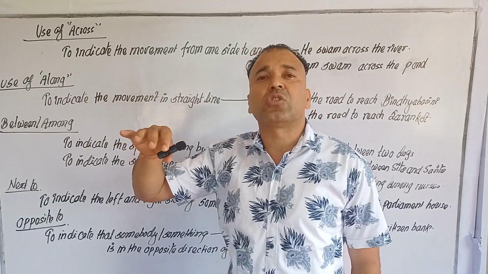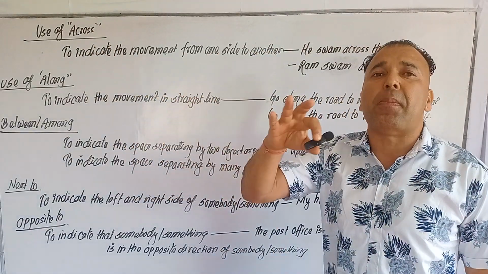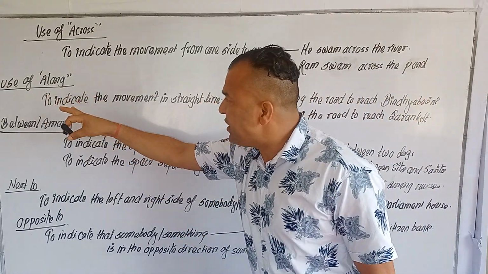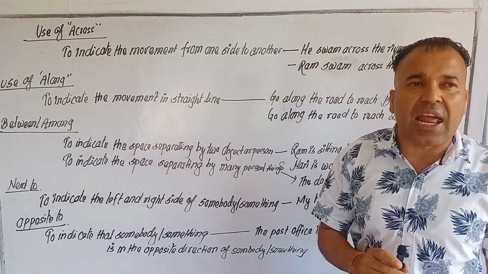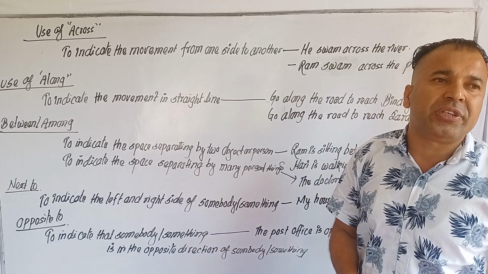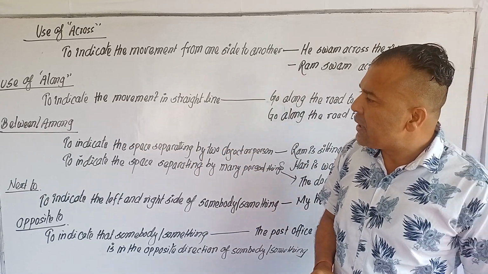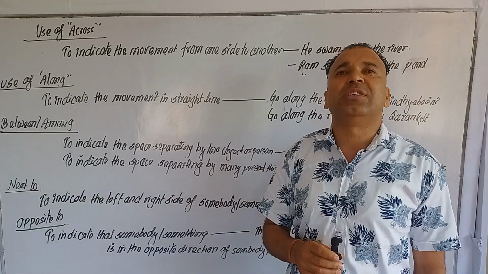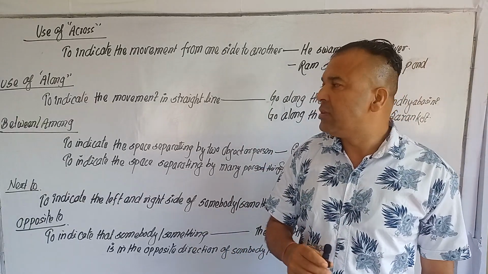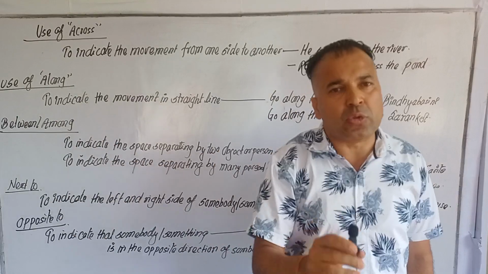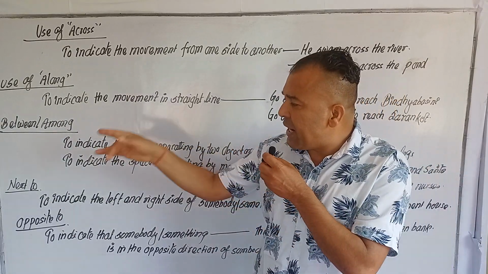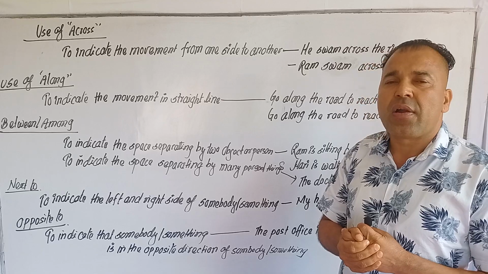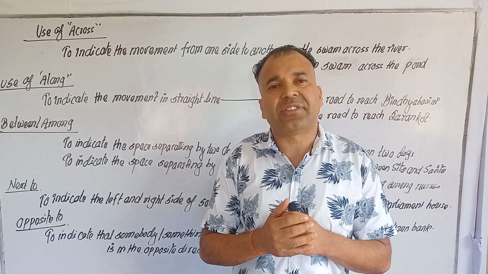So across is crossing a short distance from one point to another point. Along is movement in a straight line to reach some place or somebody or something. Between indicates surrounded by two persons, and among many persons. And next to indicates the left side or right side of.